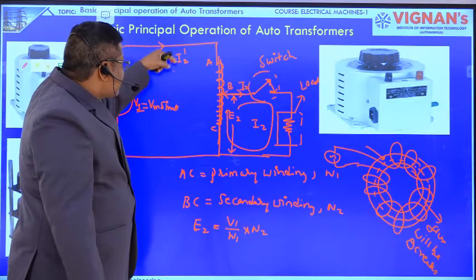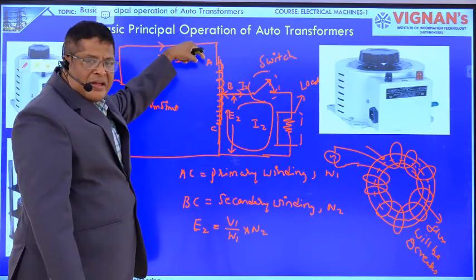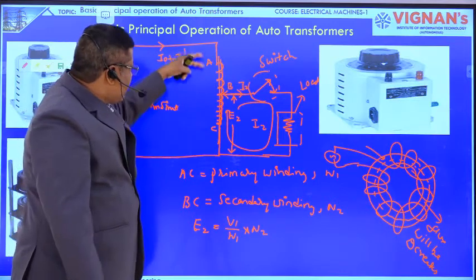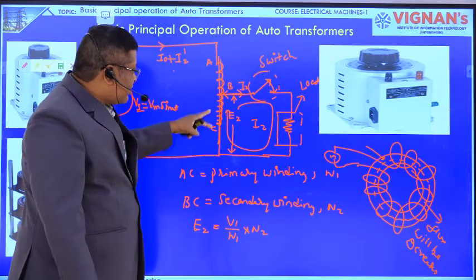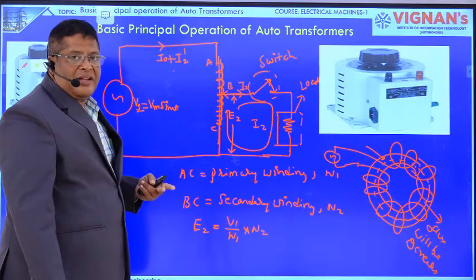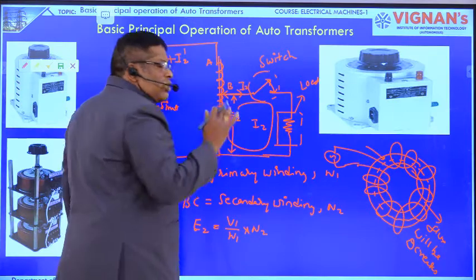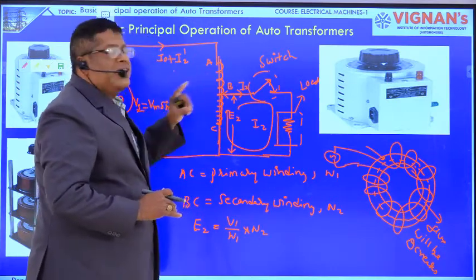Whenever this extra current flows through the AC winding, between A and C, an extra MMF will be created that neutralizes the secondary MMF, so that the flux in the auto transformer is constant.